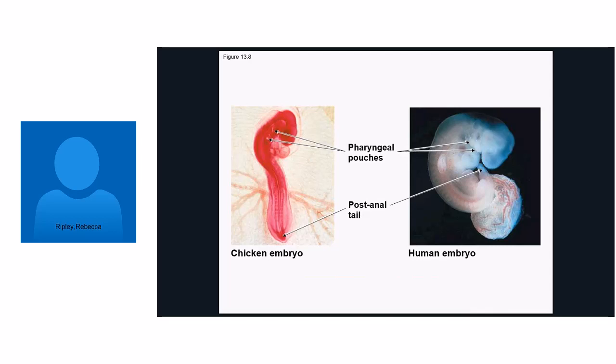So we start off looking very much the same, but then as we grow, structures obviously change some, but that similarity in how we look at this stage in life shows that we probably came from similar ancestors if you go back far enough.